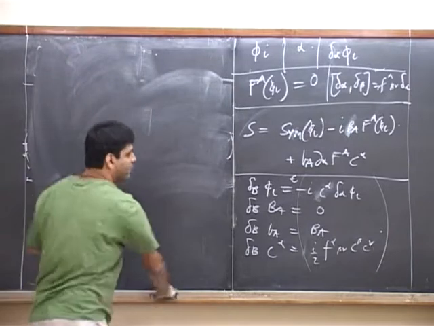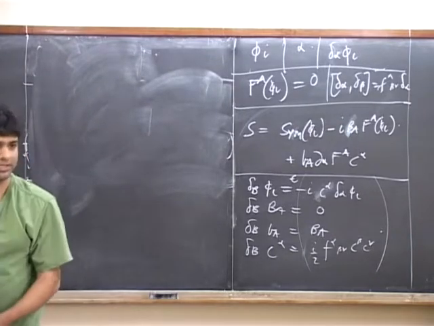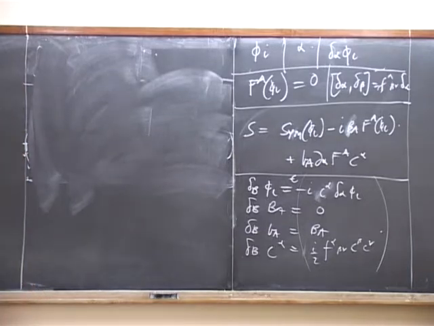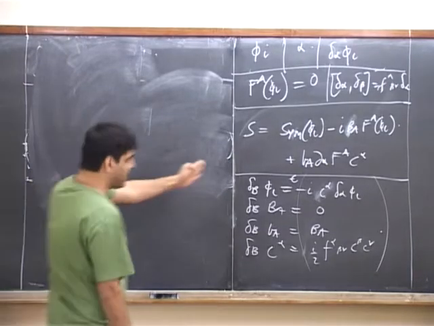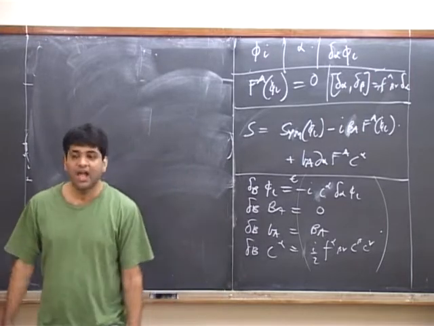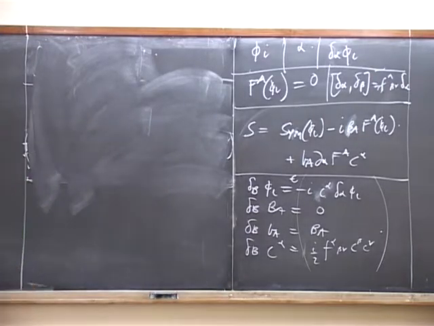Now the first thing we're going to notice is that the action we wrote down on the board can, in terms of this operation delta that I've defined, be written in an interesting form.